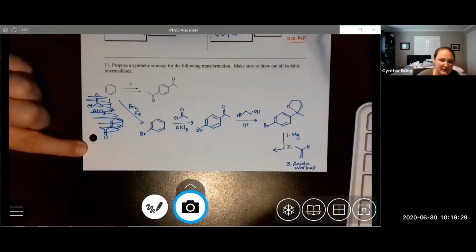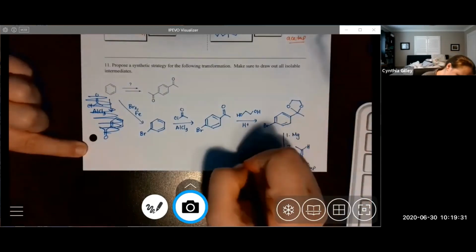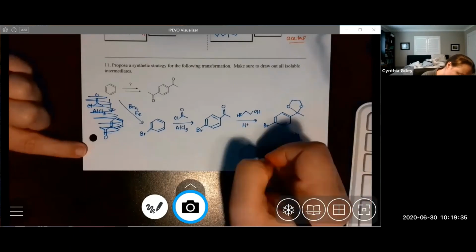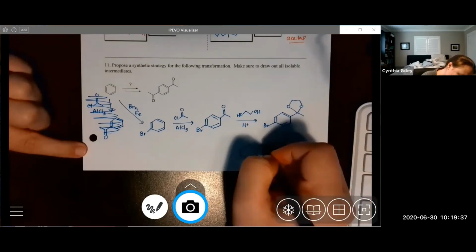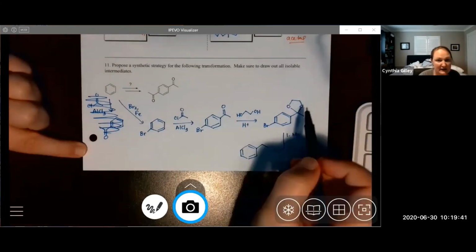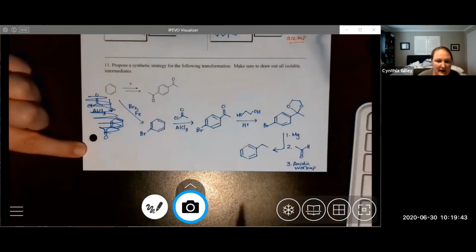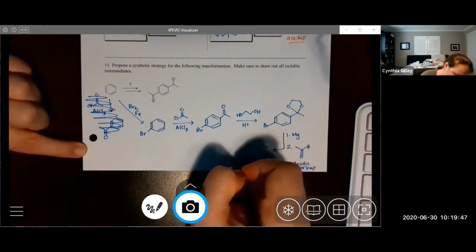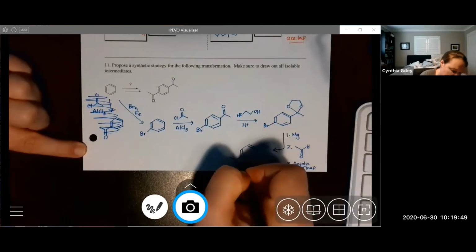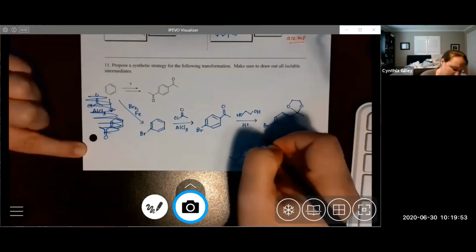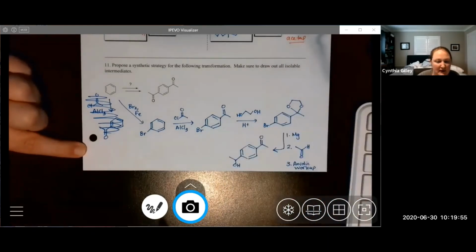protonation, which is sometimes left off. By the way, the acidic workup, because it's an acid and acetals are acid sensitive, may just go ahead and move your acetal back to the ketone without having to use a separate step to remove the acetal.